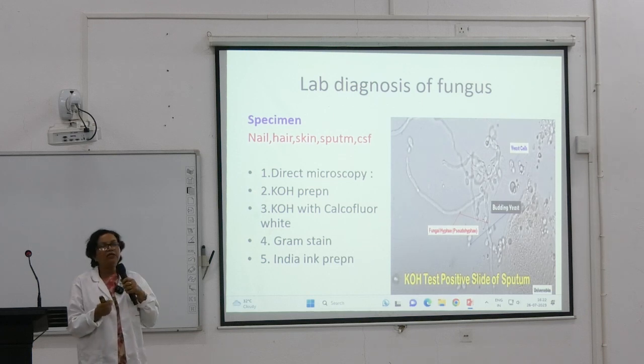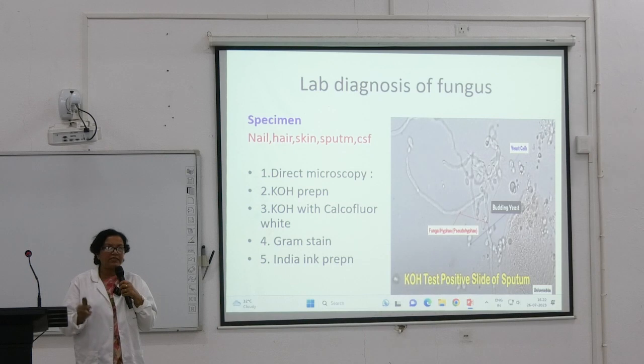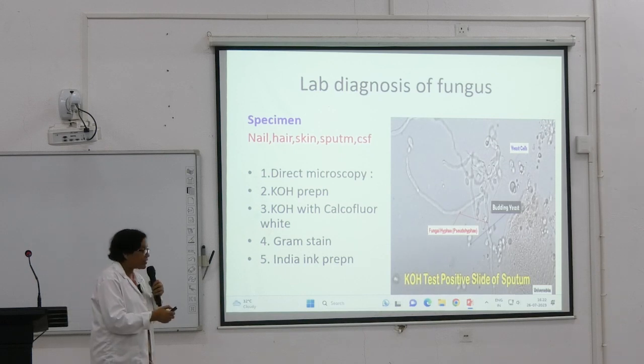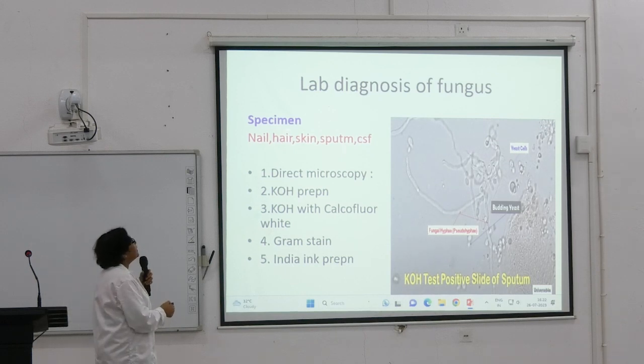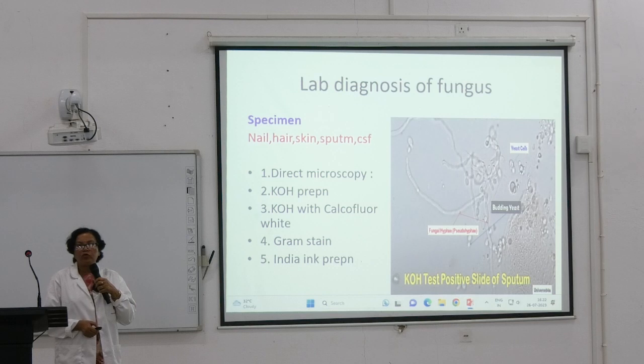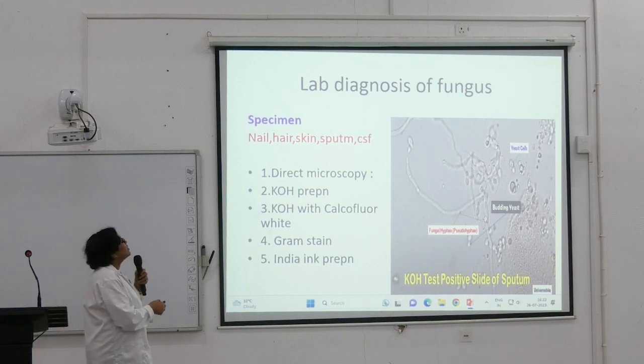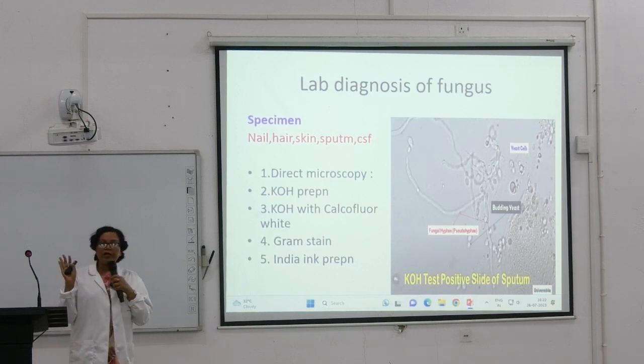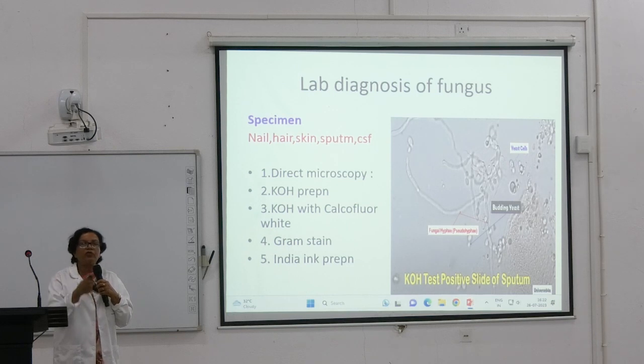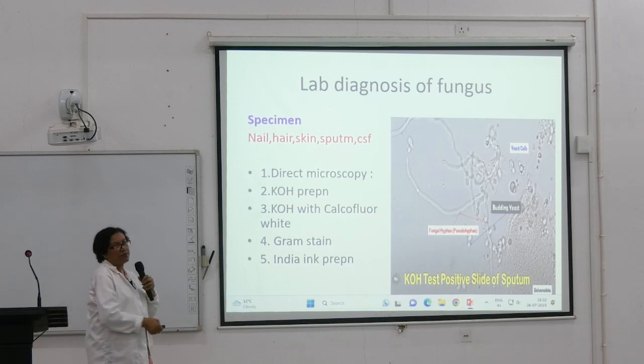Fungal infection occurs on the skin, on the nail, on the hair, or systemic diseases, lungs, etc. Then we have to take the specimen: nail, hair, skin. In case of lung infection, sputum. In case of meningitis, I have told cryptococcal meningitis, CSF. So these are the specimens. For every diagnosis, you have to go through the same steps.